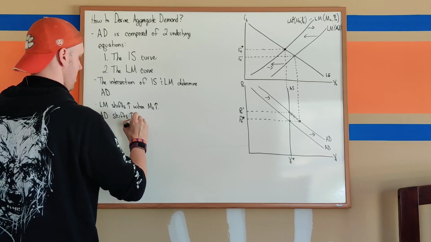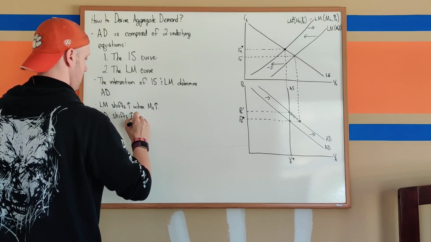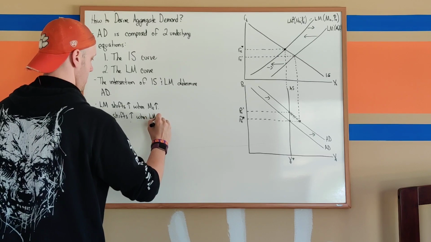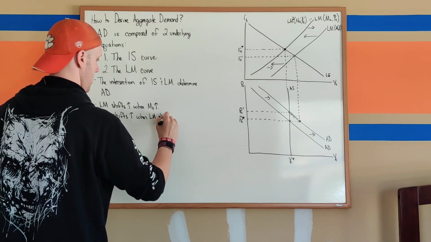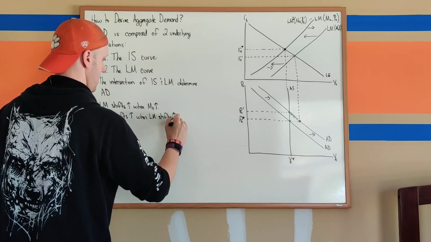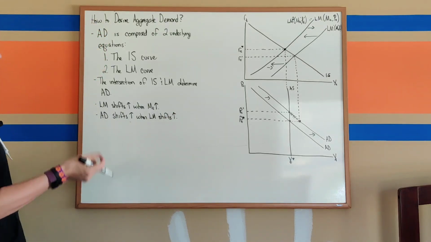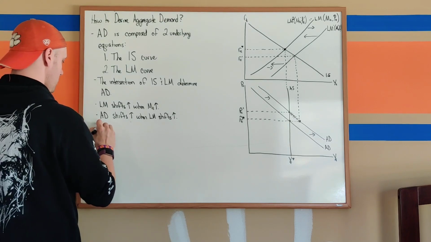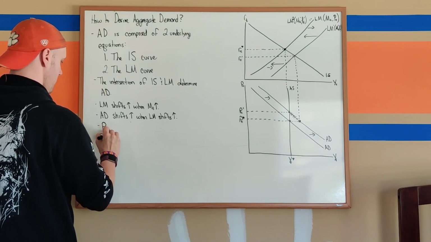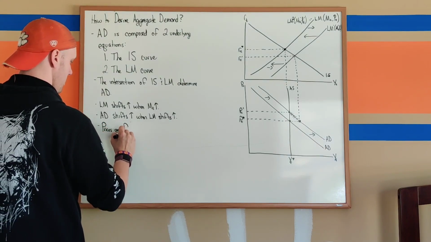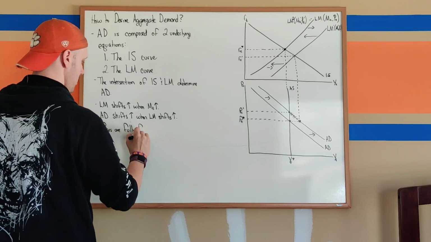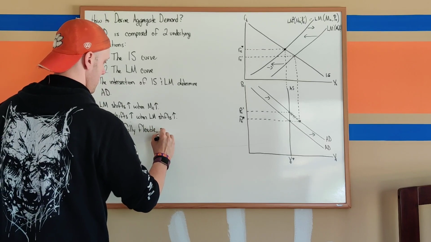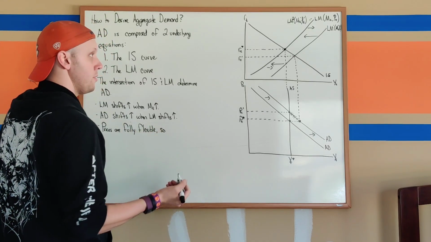So aggregate demand shifts out when the LM curve shifts out, and it shifts out by the same horizontal distance. But prices are fully flexible.